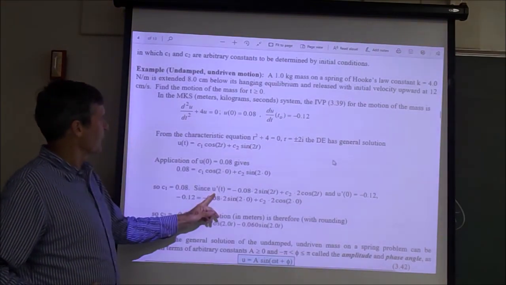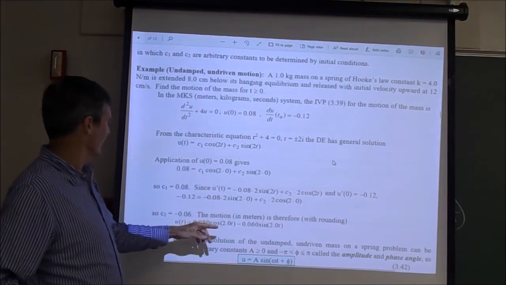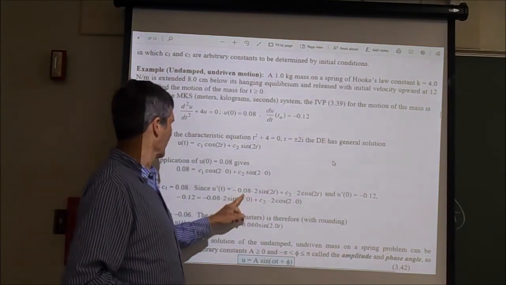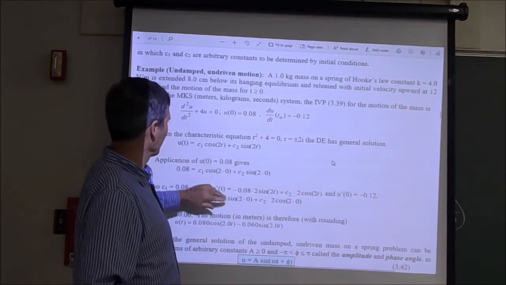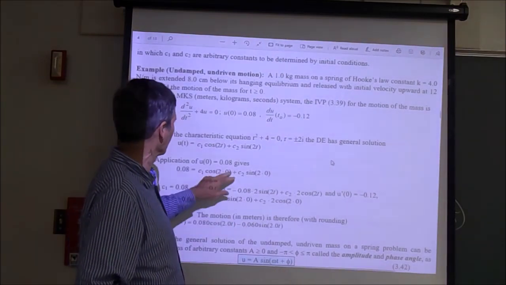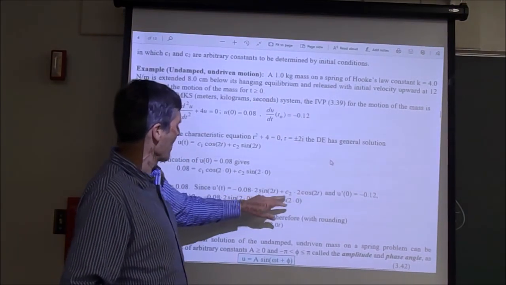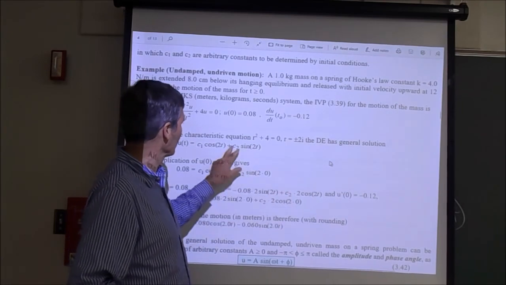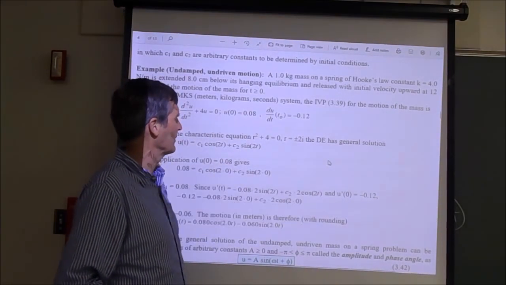Similarly, then you take the derivative of this, putting in C1 equals 0.08, and you get minus 0.08 times 2 sine 2t, the derivative of cosine 2t, plus C2 times the derivative of sine 2t, which is 2 cosine 2t.